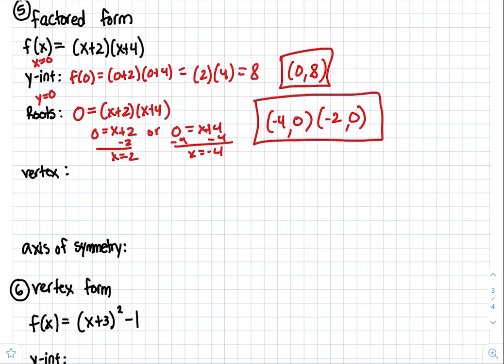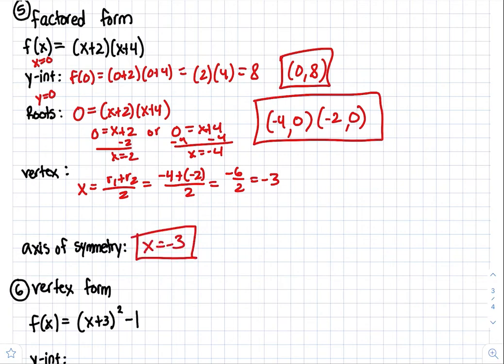Alright, vertex. To find your vertex, it's r1 plus r2 divided by 2 for factored form. Our roots that we just found were negative 4 and negative 2. Add those together, so we got negative 6 over 2, which is negative 3. And remember, your axis of symmetry is the x value of the vertex.